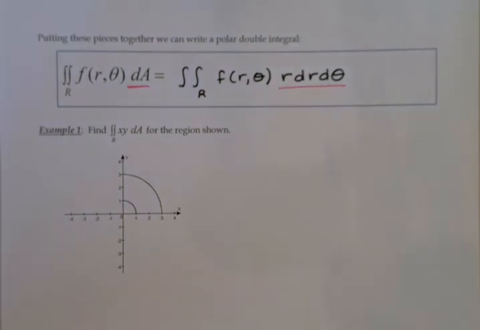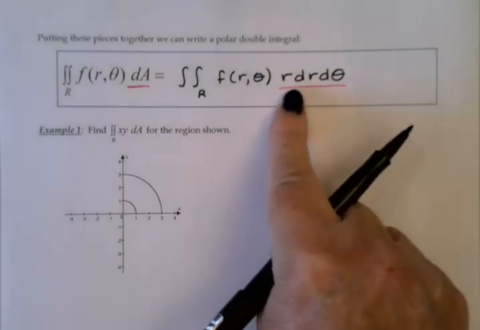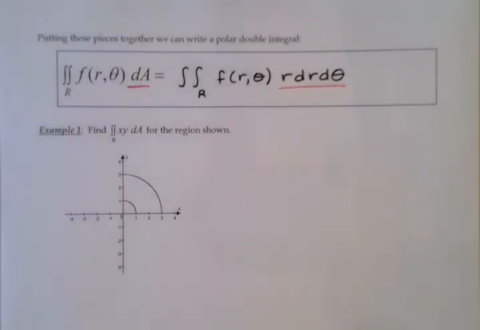So this is our big difference between integrating in rectangular coordinates, where dA is dx dy or dy dx, and integrating in polar coordinates, where dA is r dr d theta. In the next video, we will do a few examples.